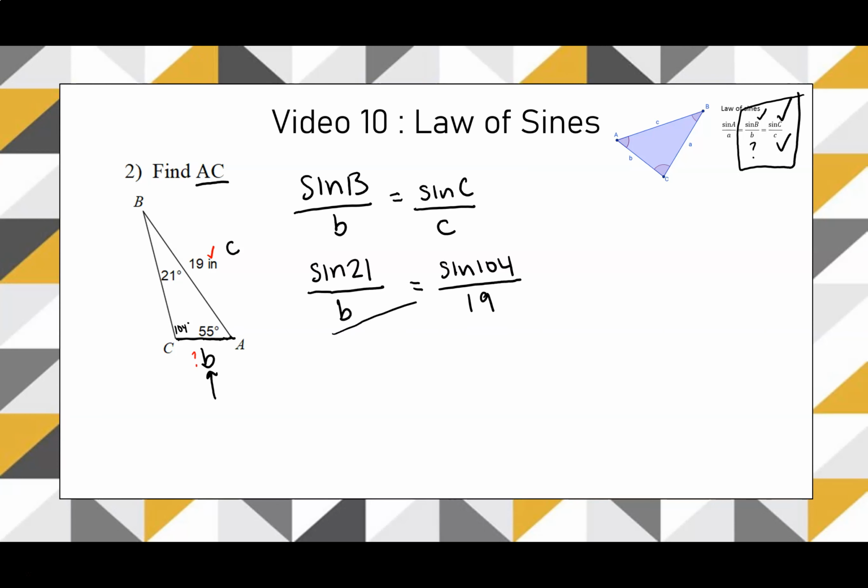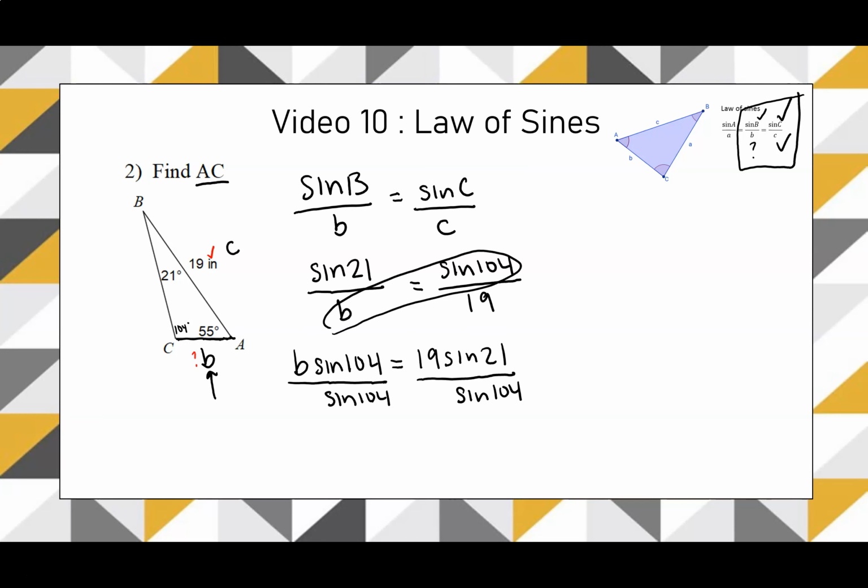Okay, now we're going to cross multiply and solve. That's going to be B sine 104 equals 19 sine of 21. All right, next thing I'm going to do here is divide by sine of 104. The sine of 104's cancel, and I'm left with my B, which is equal to 19 sine 21.